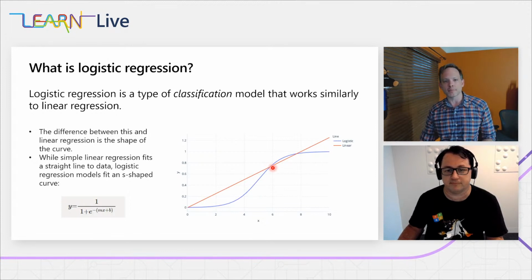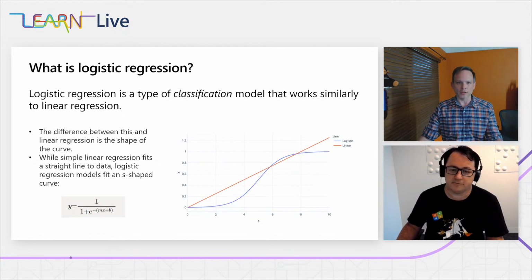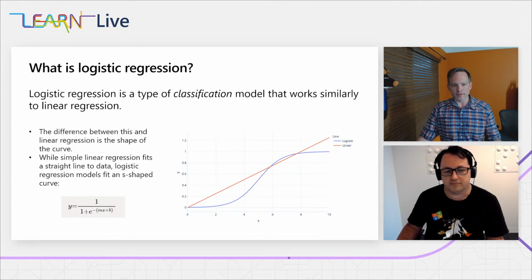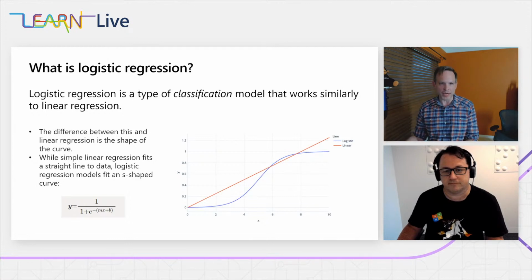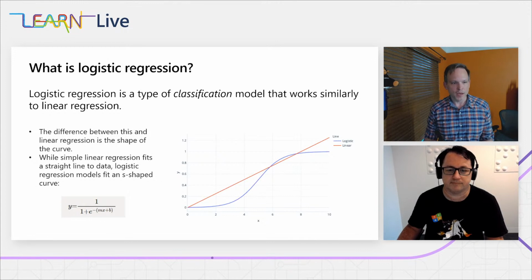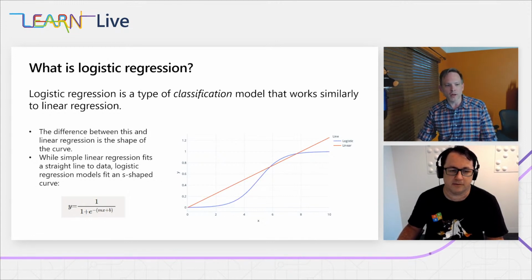However, there's a few more steps. In order to turn it into a yes or no, true or false type category, we need to be able to convert the values to a 0 or 1. And we'll have 1 be true most of the time, but it really could be anything. 0 be false most of the time, but really it could be anything. So we want to be able to do that conversion. And for that, we use something called a sigmoid function or a logistic function, hence the name logistic regression.